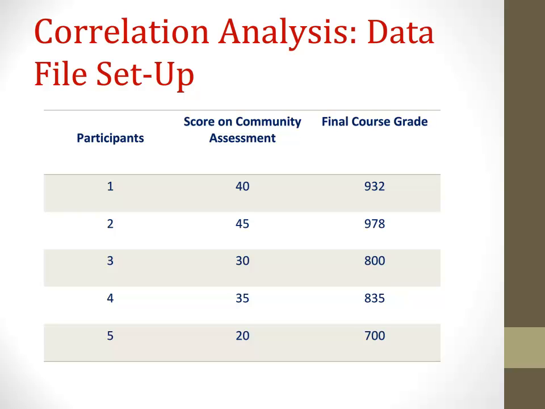Here you will see that each participant is listed, and each participant has 2 scores. These 2 scores represent the variables that we're going to examine in a bivariate correlation. Because remember, a bivariate correlation, specifically a Pearson's r, looks at the relationship between two different variables.